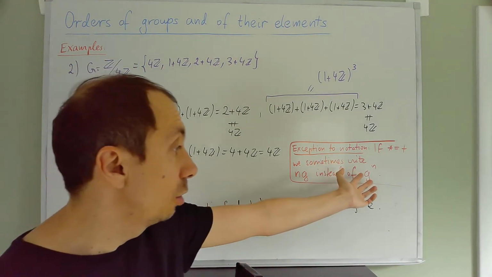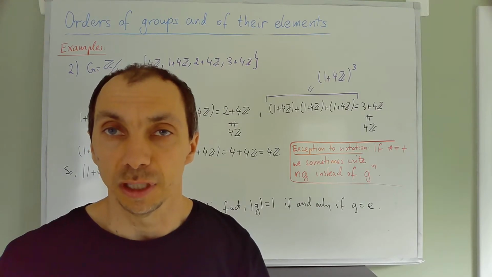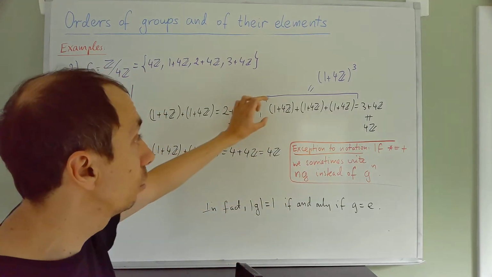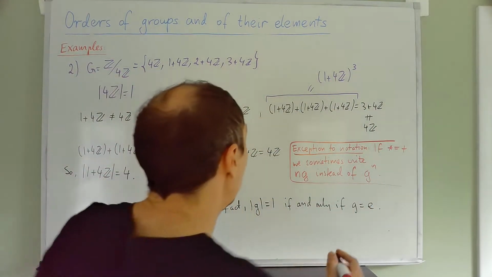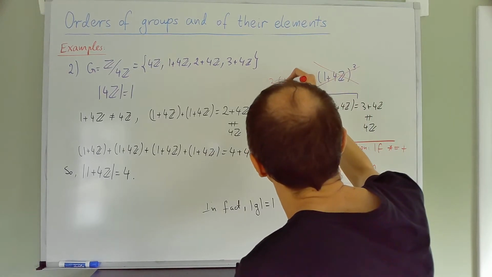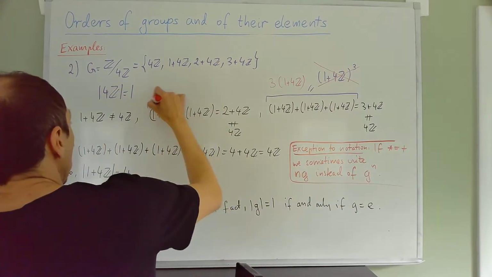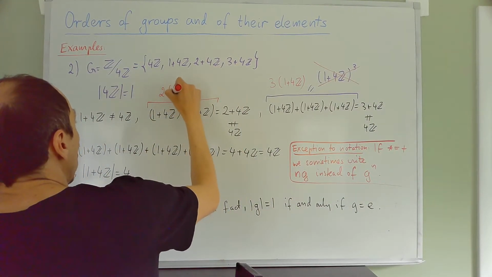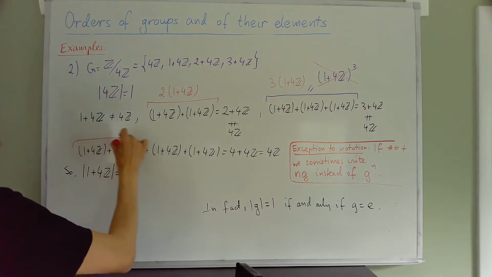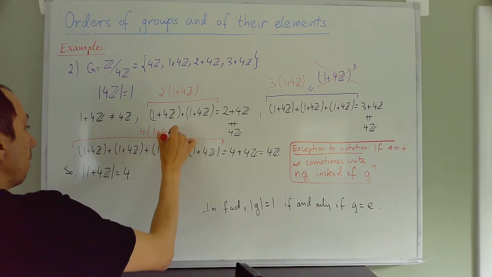So normally we write g to the n, meaning you star the g with itself so that there are n g's. But when the operation is addition, I would rather not write that. I'm going to write 3, 1 plus 4Z. And I'm going to write for this 2, 1 plus 4Z. Okay, and this is 4, 1 plus 4Z.